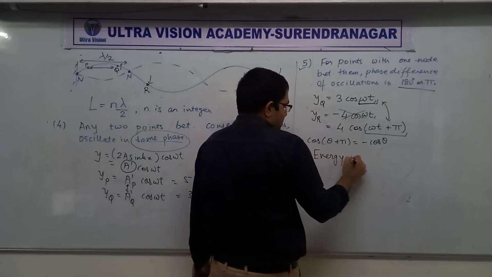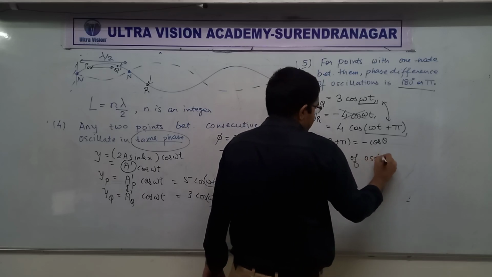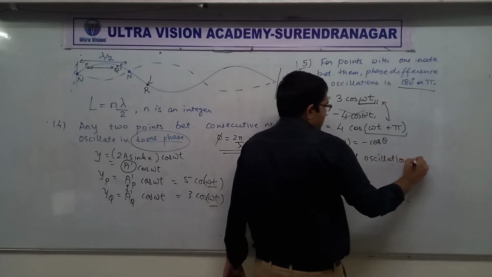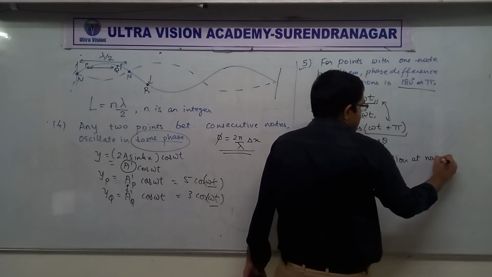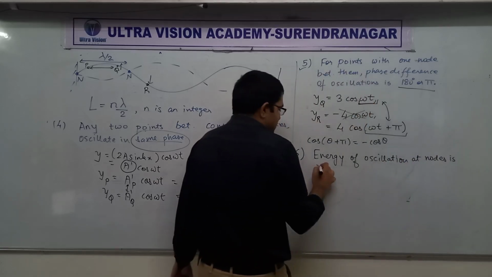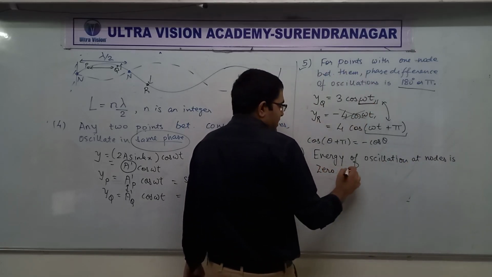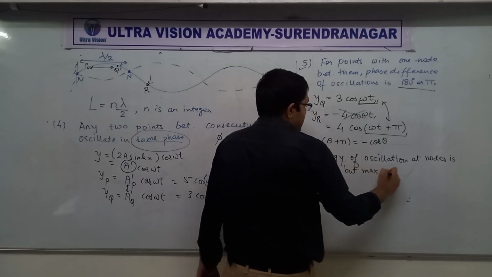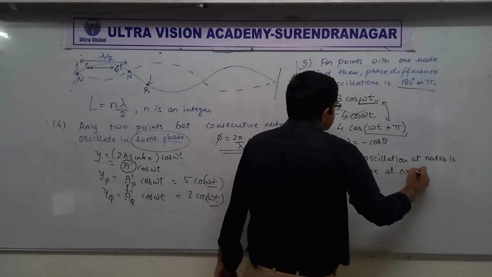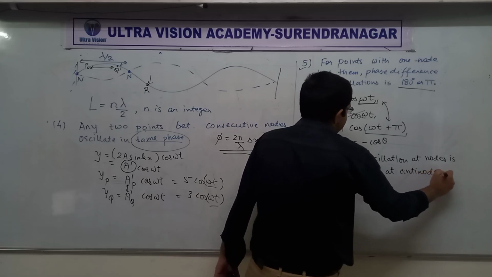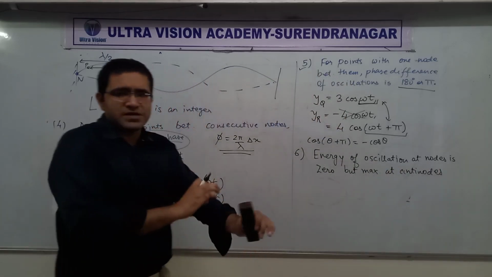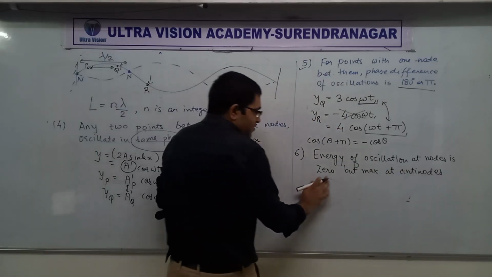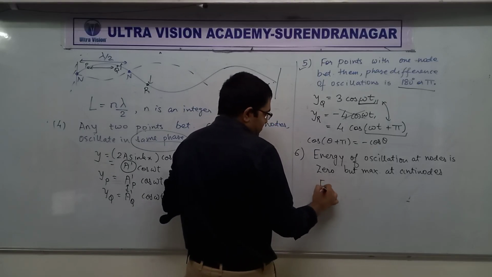Energy of oscillation at nodes is 0, but maximum at antinodes. Why is it like this? Simple reason. Energy of oscillation from chapter SHM, everyone.